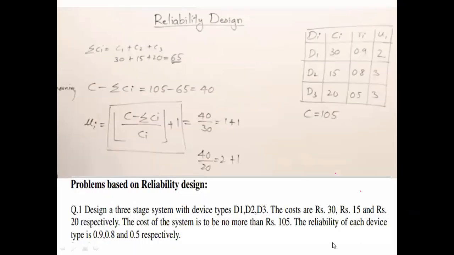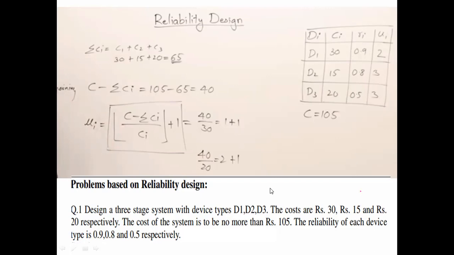So let's see with one example. Suppose the problem is how to design a 3-stage system with the devices D1, D2, D3. The cost for D1 is 30, D2 cost is 15, and D3 cost is 20.